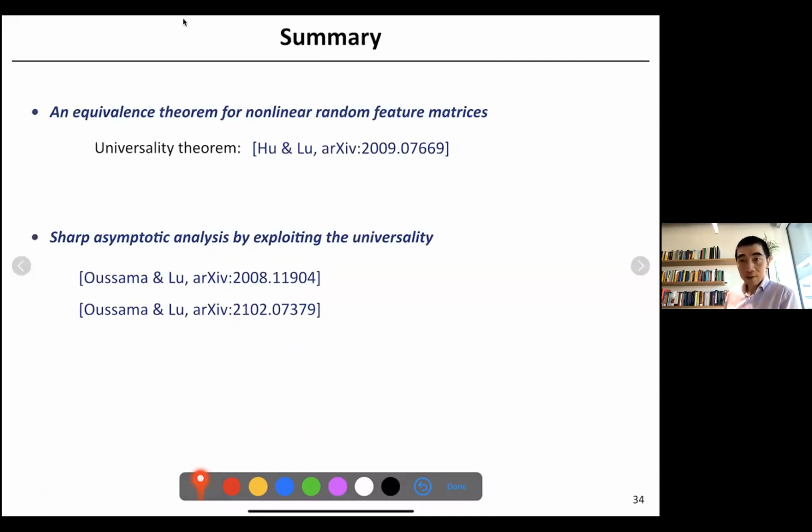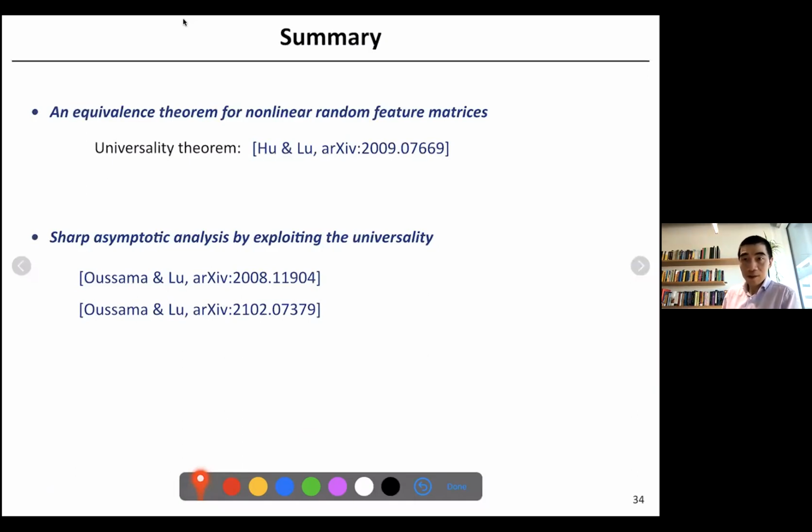All right, just as a summary. In this talk, we studied a class of nonlinear random matrices that arise in machine learning. In particular, we considered the so-called random feature model. We established an asymptotic equivalence between this nonlinear ensemble and a linear Gaussian ensemble, which is much easier to analyze.